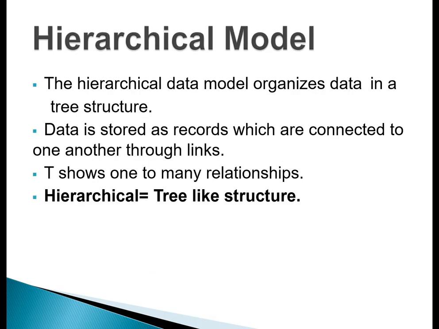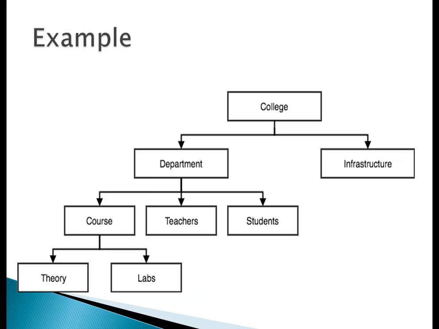Now hierarchical model is there. In hierarchical model, hierarchy is nothing but the tree like structure, right? When your data is organized in tree like structure, this is called as hierarchical model. We'll see an example. Here in this hierarchy, tree-like structure, we can see one root node is there and some child nodes are there.